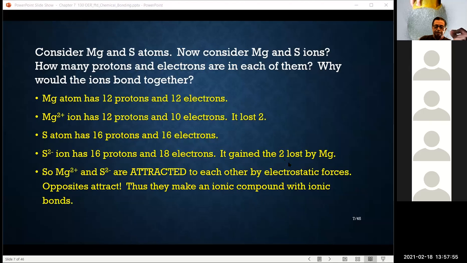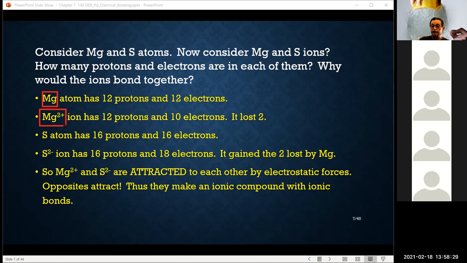All right, now, this is a rehash of what we talked about before. We have a magnesium atom, which has 12 protons and 12 electrons. It is in group 2A. When it becomes the ion, that reminds me, I have a few questions concerning the electron configuration of atoms versus the ions. So keep in mind, here we have the atom and here we have the ion.